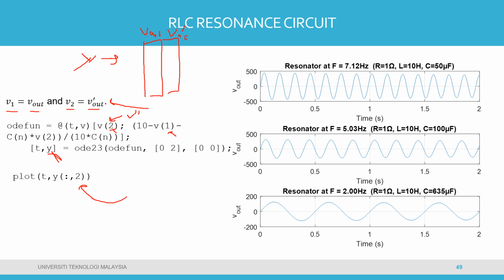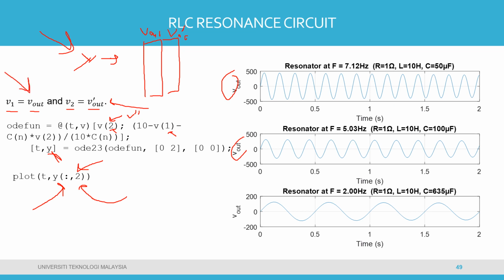Okay, so for example here, if you want to find the v out, basically you have to look at the first one, not the second one. So be careful, the first order is okay because it's only 1 column. The y is only one column, but for the second order, the y will be two columns. So you have to choose the correct one. Make sure in your Matlab you run the code and you check the y. So there will be two columns. The columns are based on your equation.